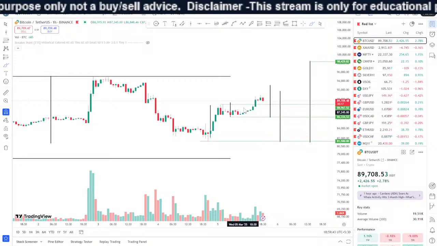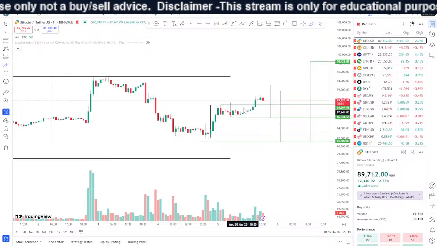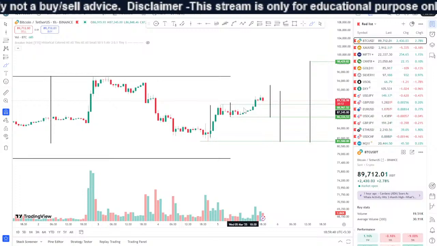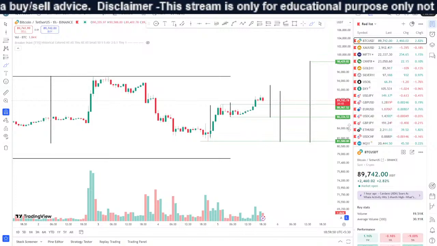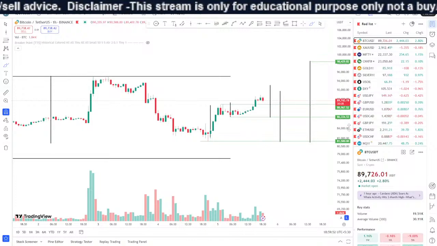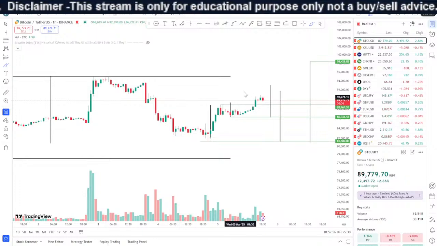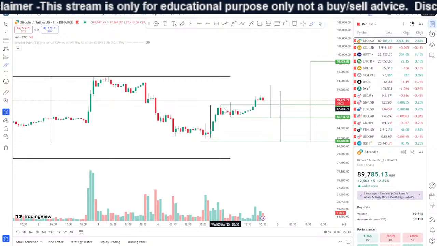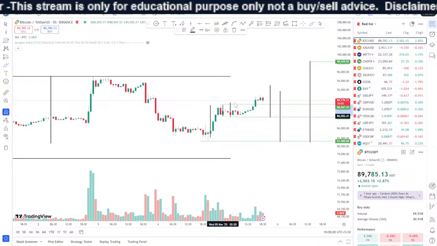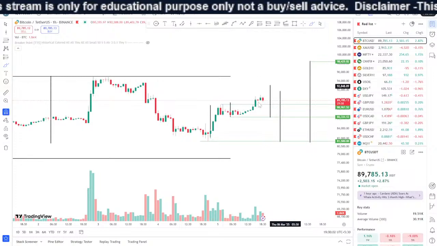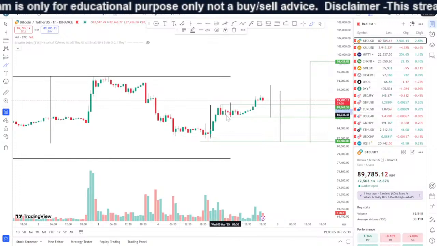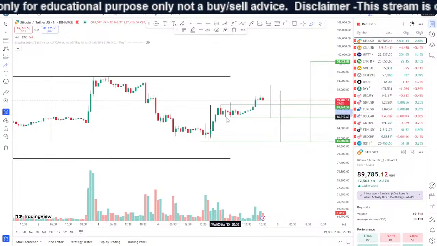Do we have a pattern here? No. So in this scenario, what is the one thing that you look for? A rejection point. How do you identify a rejection point? Through the previous POI range, right? Through the previous POI range is where an allocation will look like.